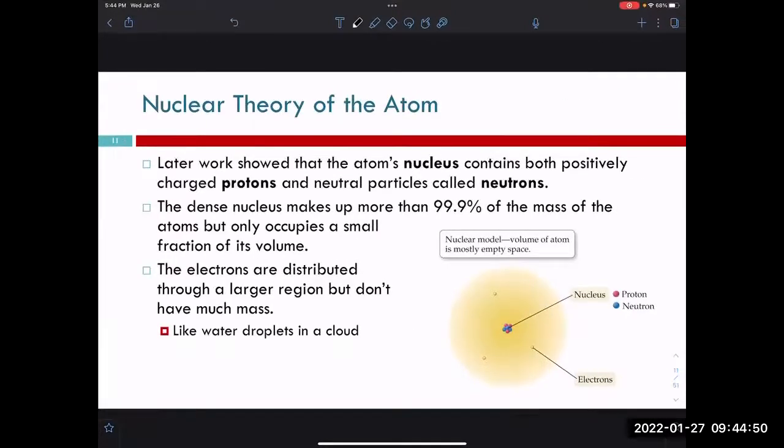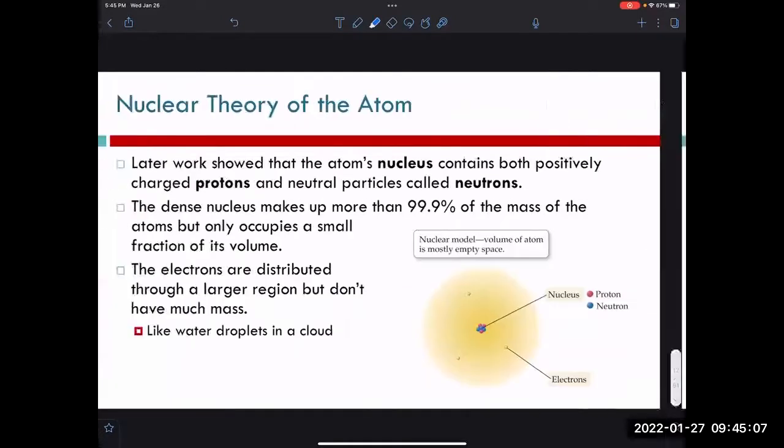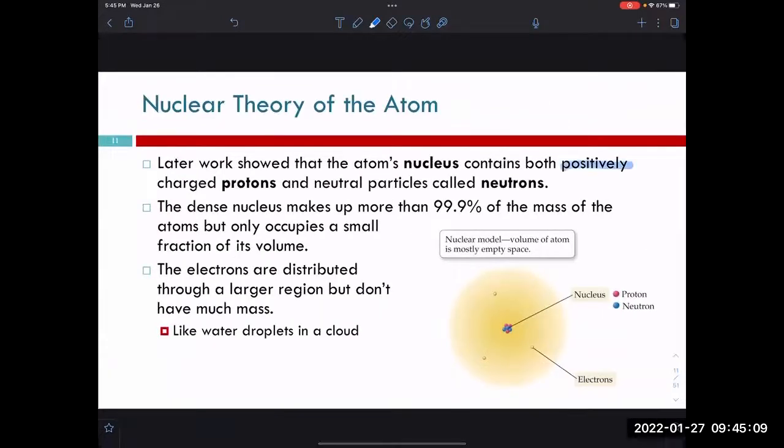As more research was done on this, as science developed, we were able to take better and better looks and better guesses at what the structure of the atom actually was. And so we discovered that there are positively charged protons and neutral particles called neutrons inside the nucleus.